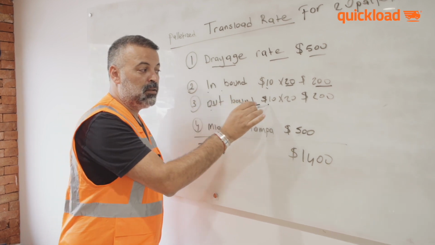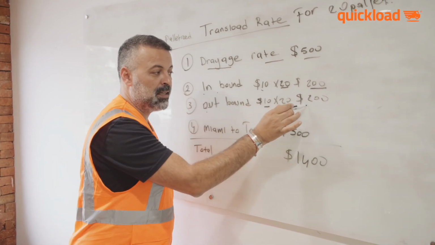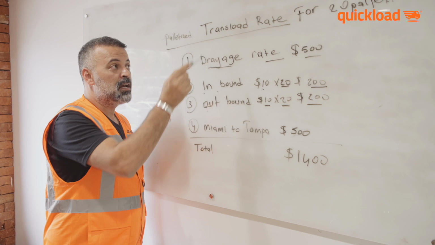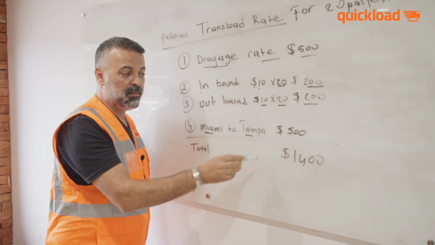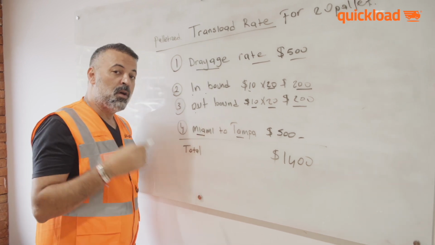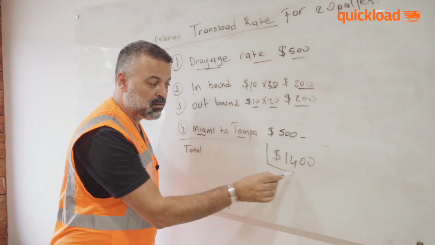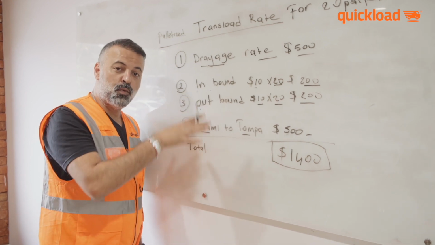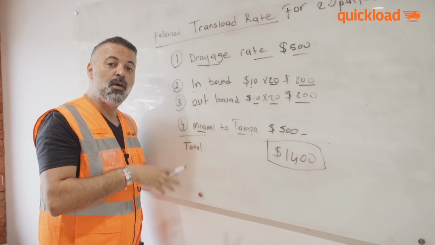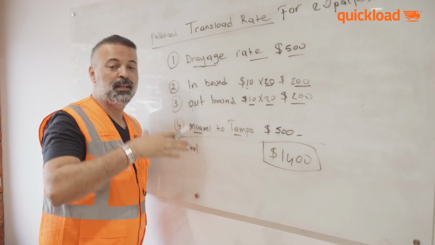Outbound, $10 per pallet, 20 pallets, another $200. Customer requests flatbed truck from Miami to Tampa, $500. And then we are offering $1,400 transload rate. This is for 20 palletized cargo going from Miami to Tampa.